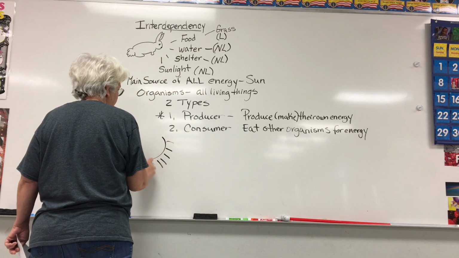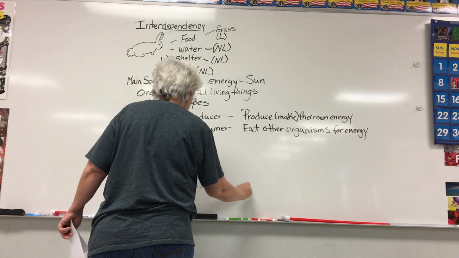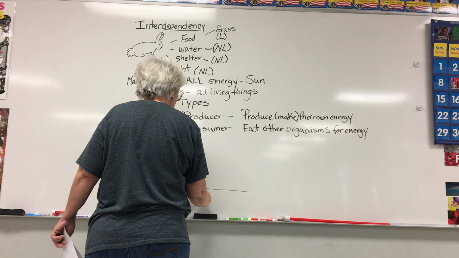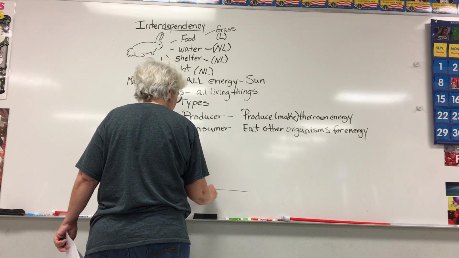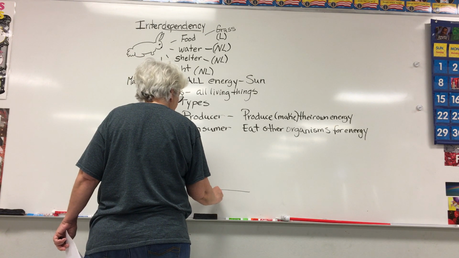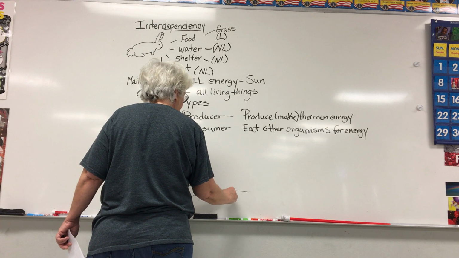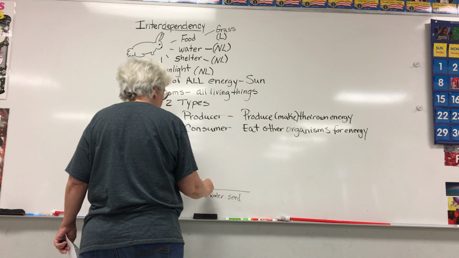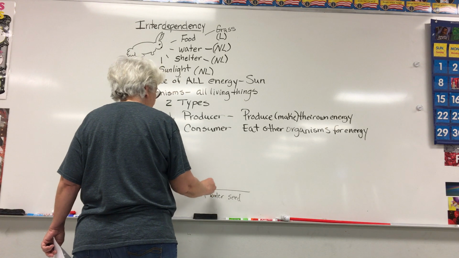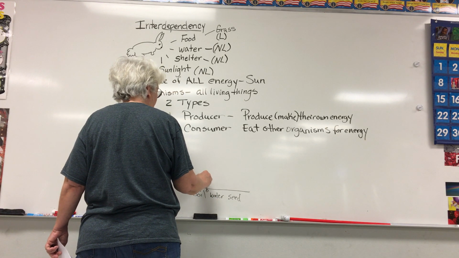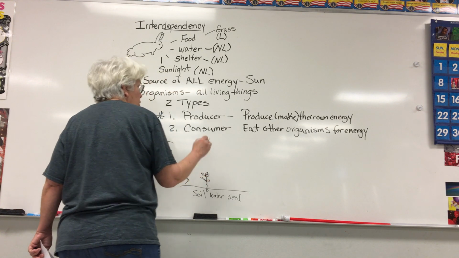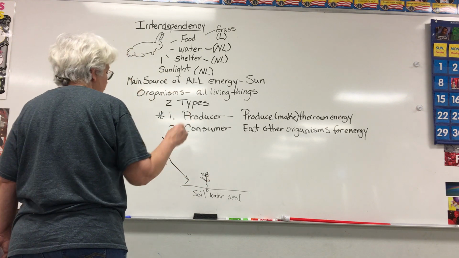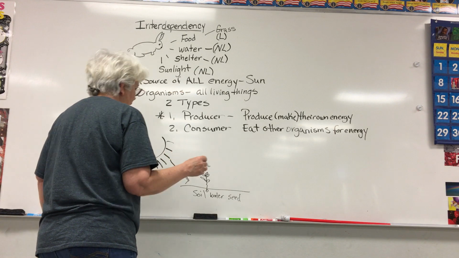Here we have the sun, and here we have soil, and the sun shines down, and in the soil we have water, and say we have a seed, okay? So the little seed makes a little plant, and it comes up here. Now you're talking about producing their own energy. And how do they do that?